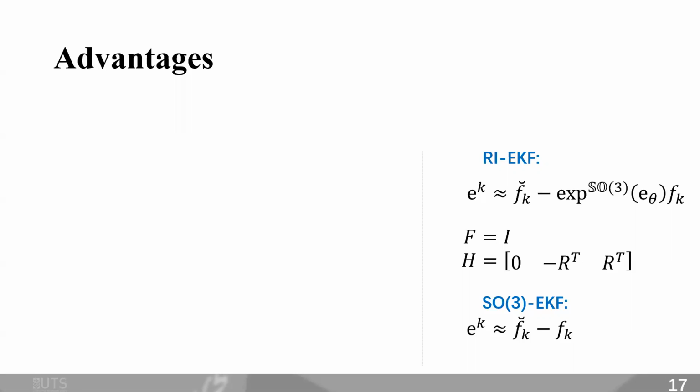And the observation is the relative position in the local frame. In right invariant EKF, this spatial linearization is compatible to these measurements.